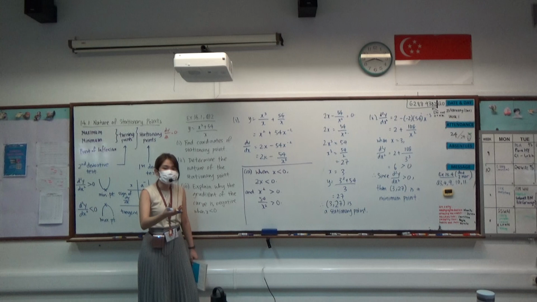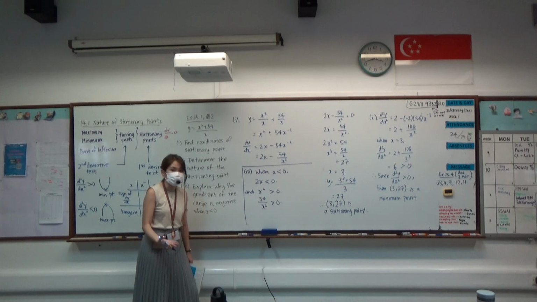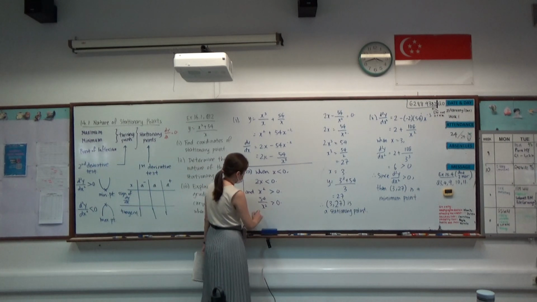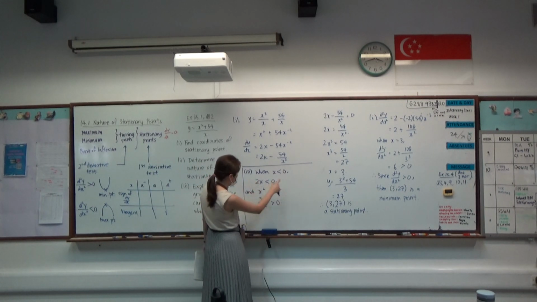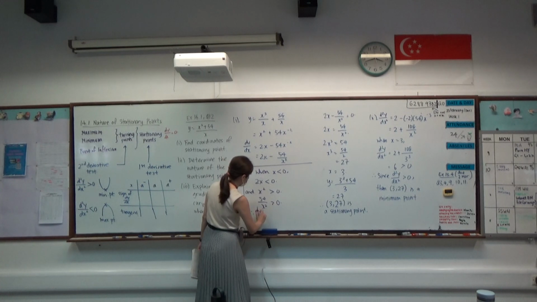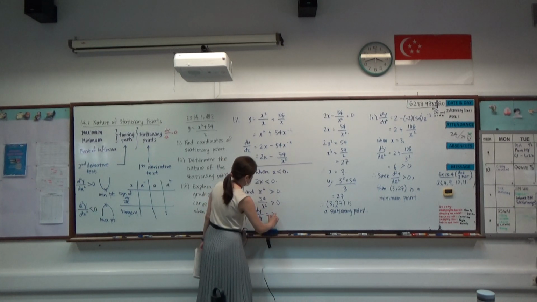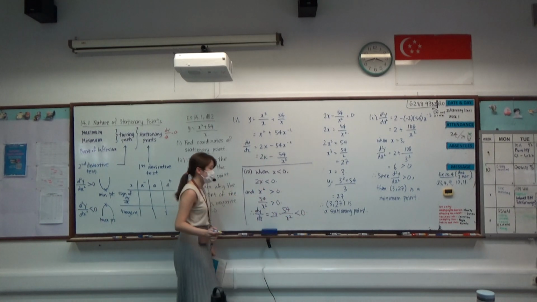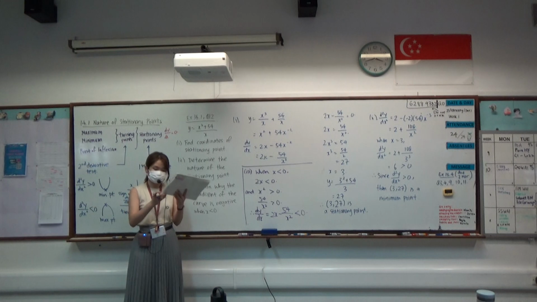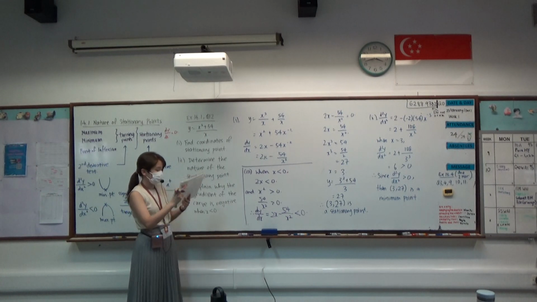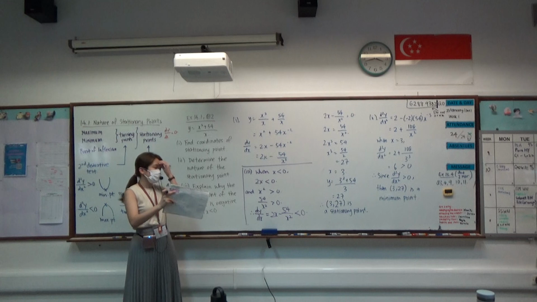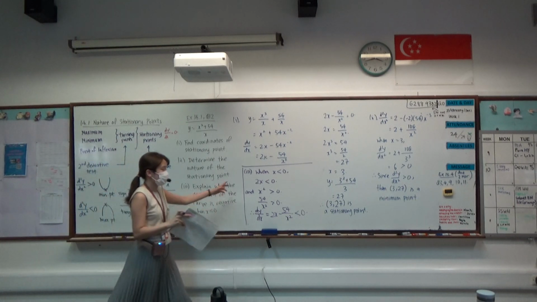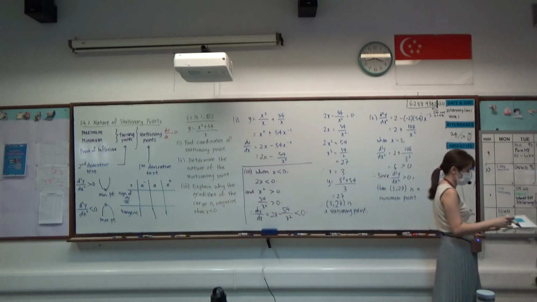So you start with a negative, you minus some more of a positive number, and surely your end result, your dy over dx, will have to be negative. Therefore dy over dx will be less than 0. So therefore the gradient of the curve is negative when x is less than 0. This will be the explanation for question 12, part 3.